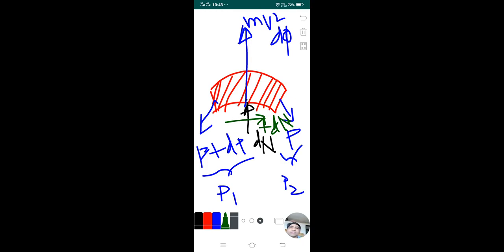These are the forces acting on a flat belt. By considering these forces, let's see the analysis of belt tension in a flat belt and V belt.